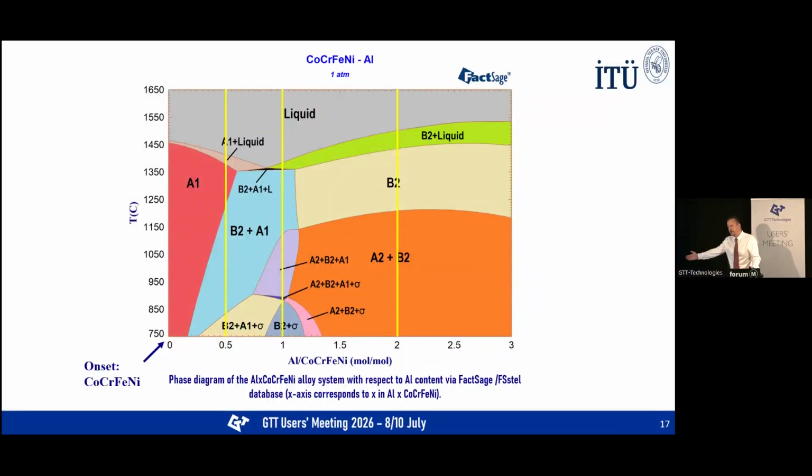We scan the effect over the whole area, the 5-component system at different temperatures. For example, we can see that the alloy gradually transforms from an FCC-dominated structure towards ordered B2 and BCC phases as the aluminum content increases.